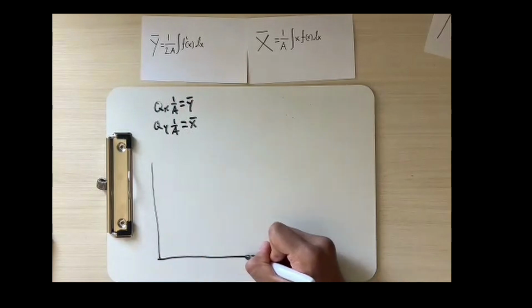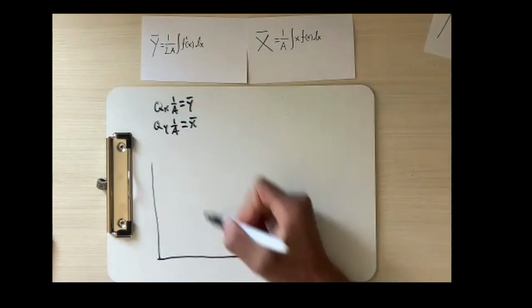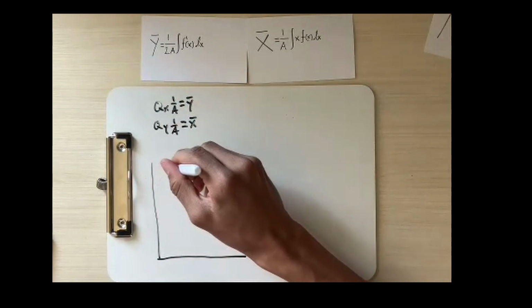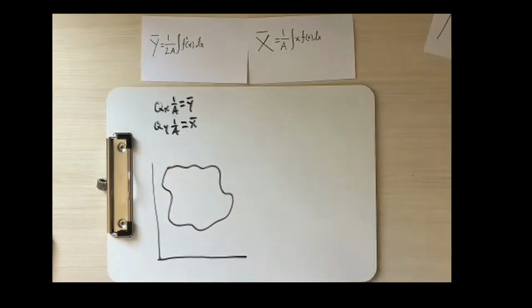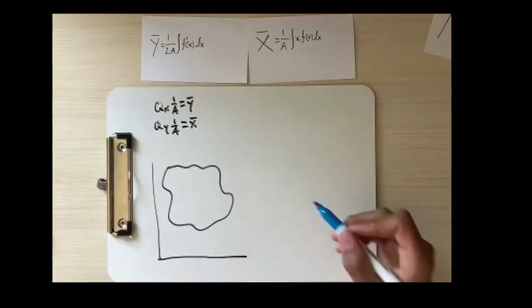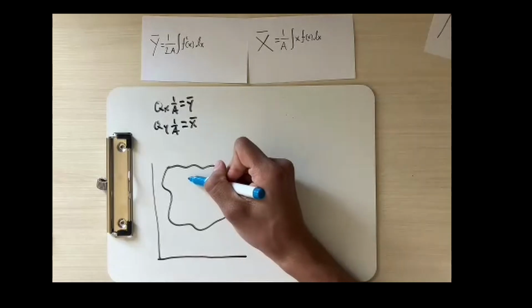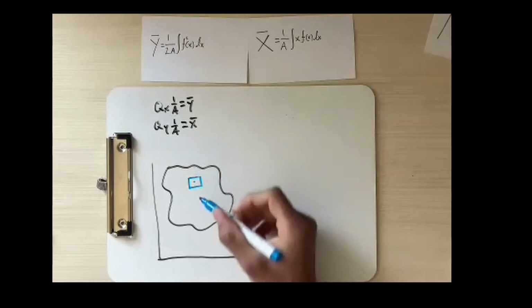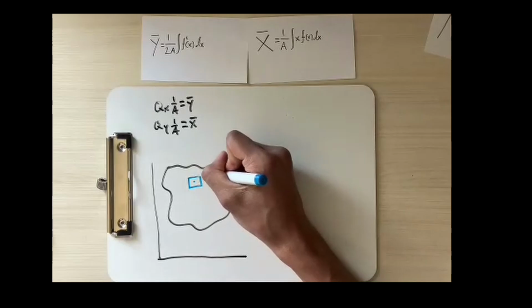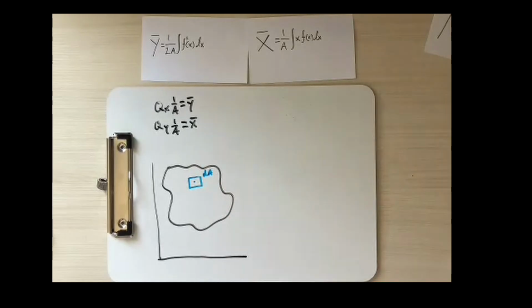So yeah, now we're searching for these guys. If we have some arbitrary area like this, how am I going to find the centroid of it? The simplest answer is we take the centroid of each differential area. The center of each differential area, each tiny, infinitesimally small square, is literally just the center.